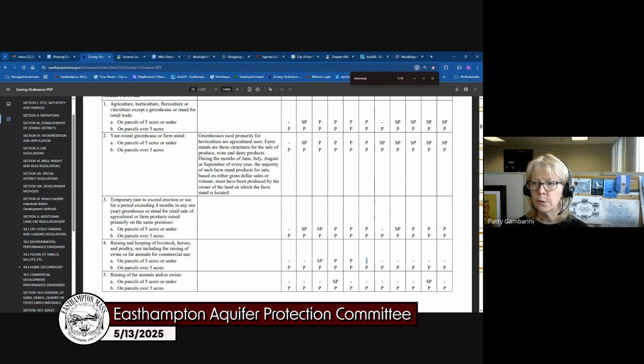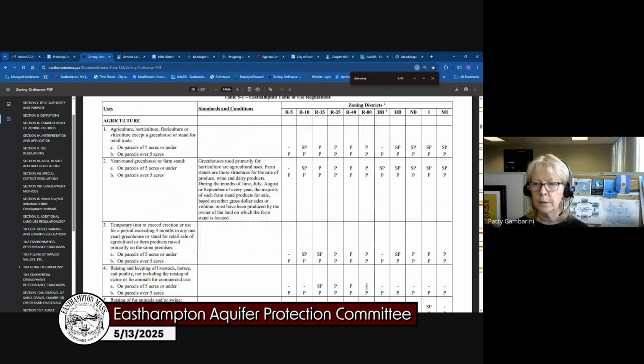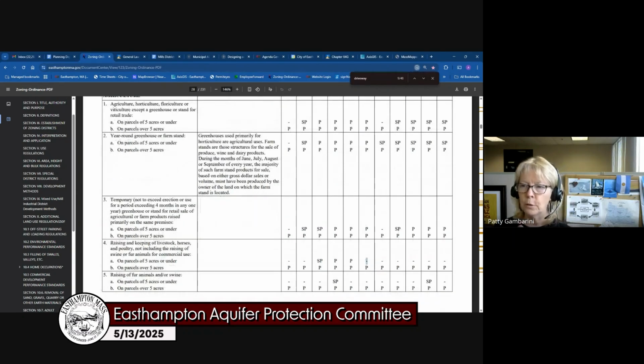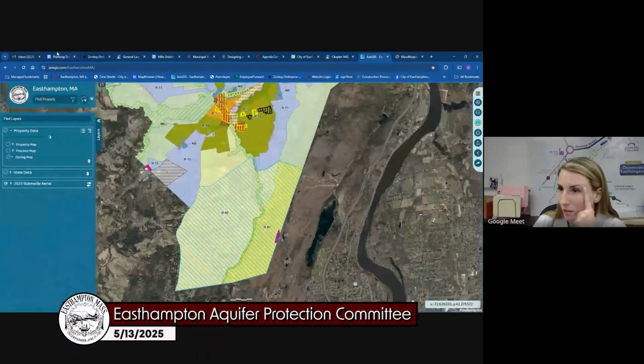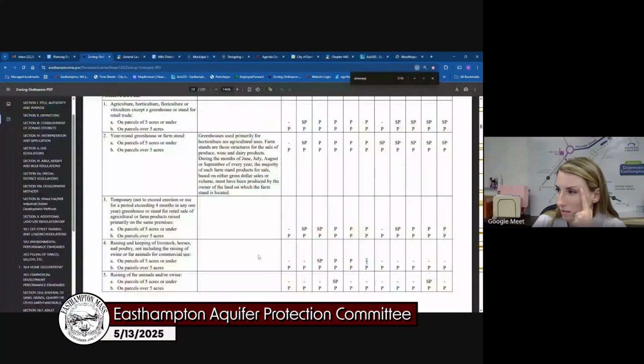Right, but why not on a smaller lot rather than a bigger lot? I would expect the reverse. Well, so much of the aquifer is in R40.